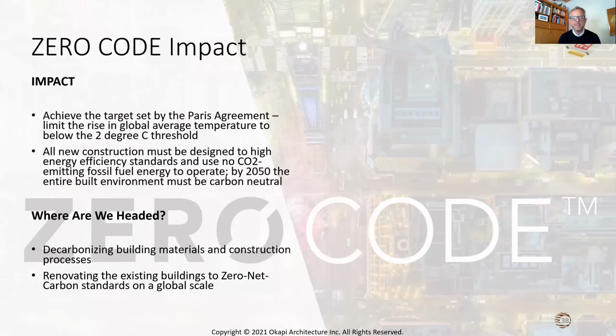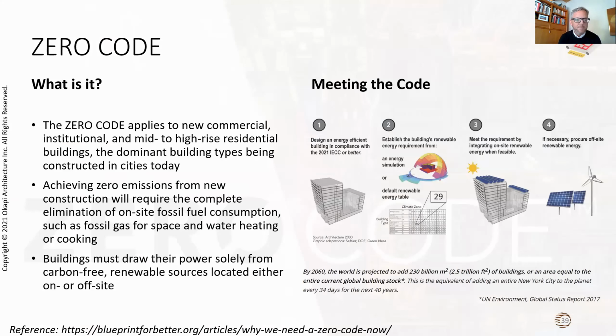If you go to the next slide. It applies to everything in the same way the code would: commercial, institutional, and residential buildings, mid and high rise. It has text that edits and supplements the building code to include either an assumption of all-electric buildings or what I said earlier about mixed fuel.